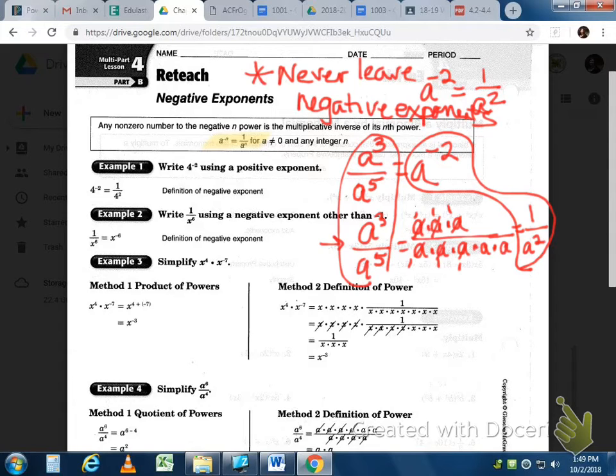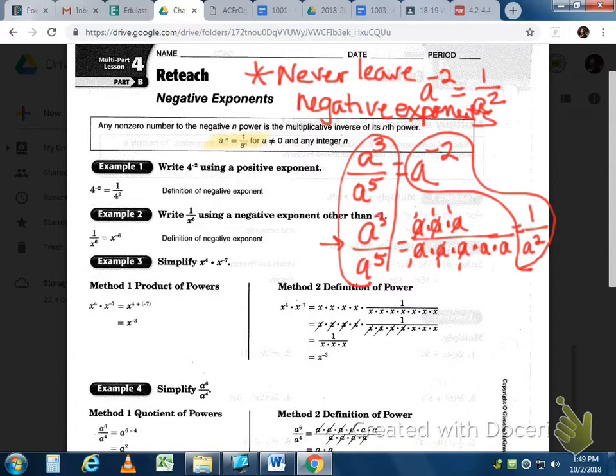Now, there will be some problems in this assignment that say write your answer with the negative exponent. That is only to make sure you understand how to switch from one form to the other. But in a regular problem that you're solving, you never, ever leave negative exponents, unless it specifically tells you to do so.